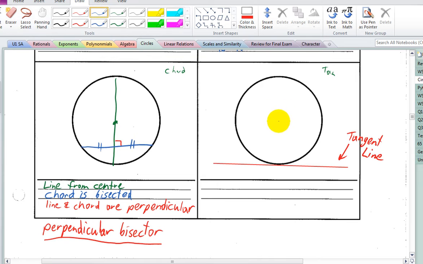But if we have a line from center, okay, it will actually always touch the line at 90 degrees. So the rule that you have to have memorized is a line from center is perpendicular to the tangent line.